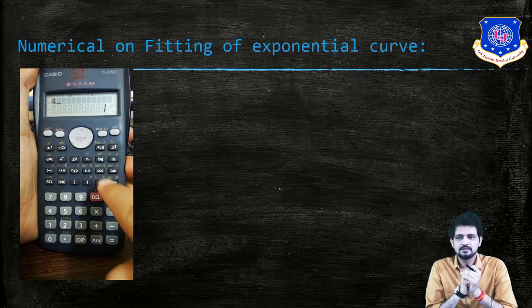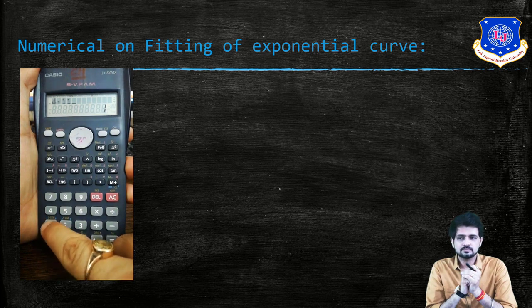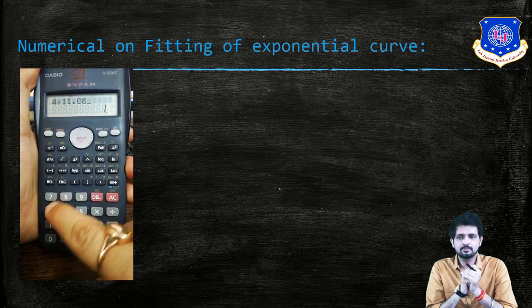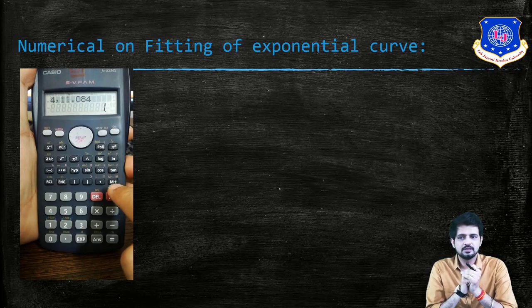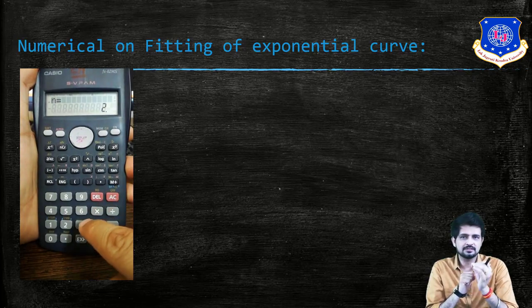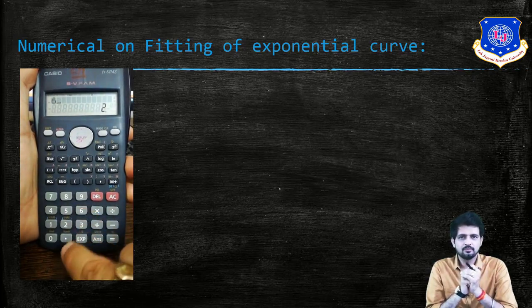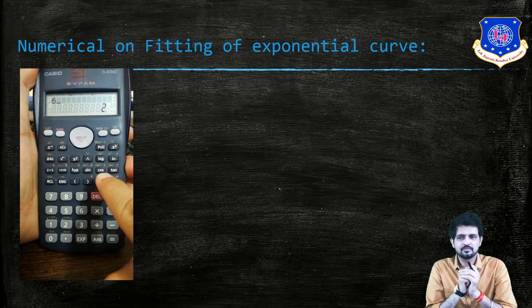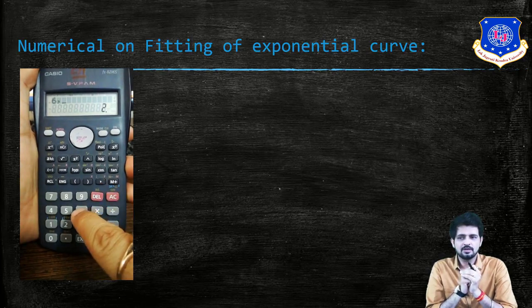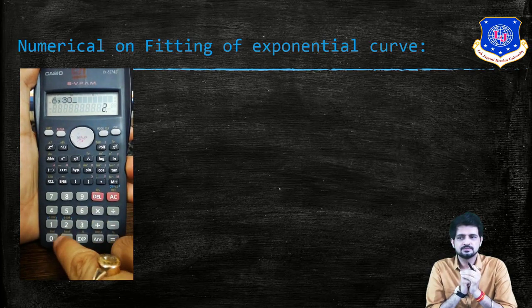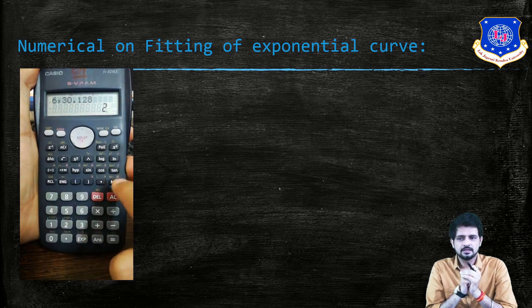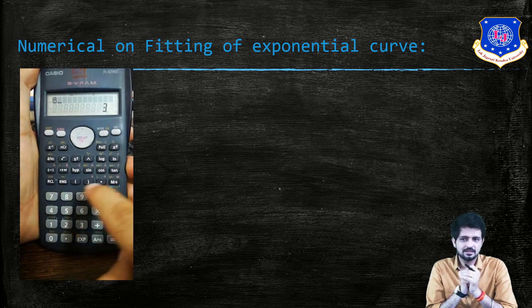Okay. Then second value 4, 11.084. We have to fix the decimal places at 4 because nothing is given. 6, 30.128, this is the third value.